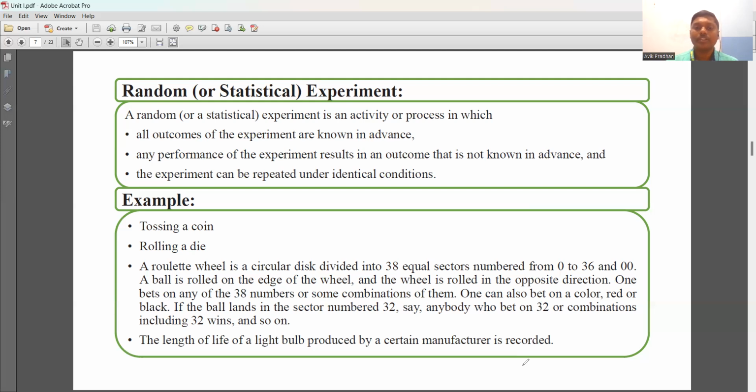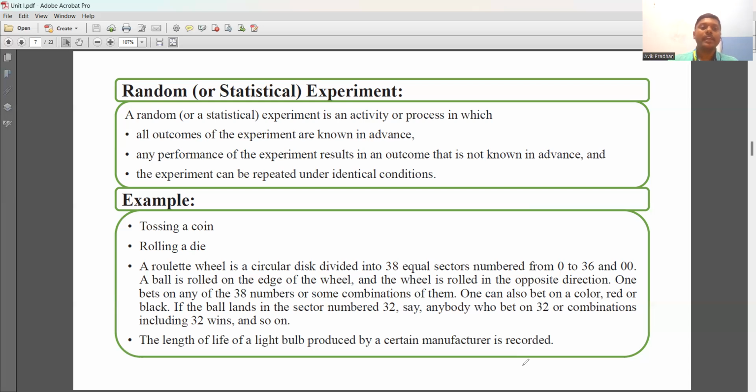I know that it is going to be head or tail. So the possible outcome of the experiment is known, but what particular outcome is going to come in a performance of the experiment, we do not know. So those experiments are not certain or deterministic. They are called random experiment or statistical experiment.